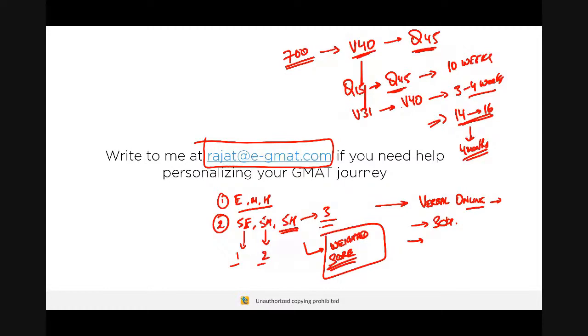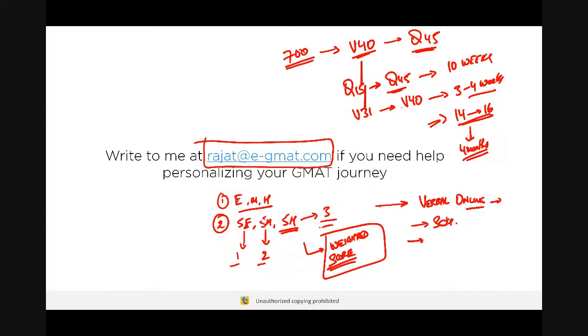Anupama, coming back to your point, there's something which I tell a lot of students: when you see that first score, don't feel disheartened. Why? Because someone may get a 650 in their first mock, others may get a 400. A few things don't matter. One is what your starting score is.